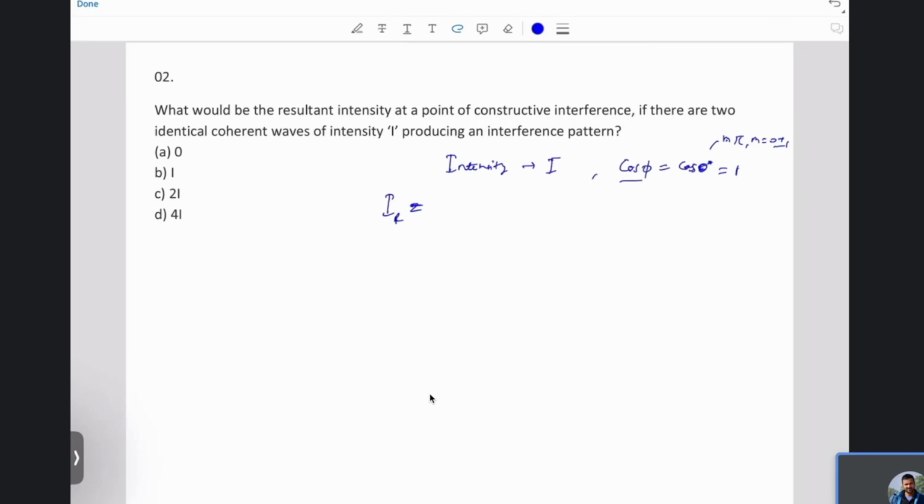Now the resultant intensity is given by I1 plus I2 plus 2 root I1 I2 cos phi, right? Is it okay?